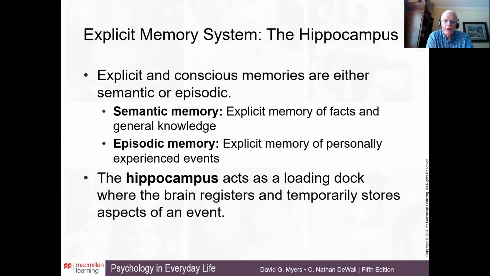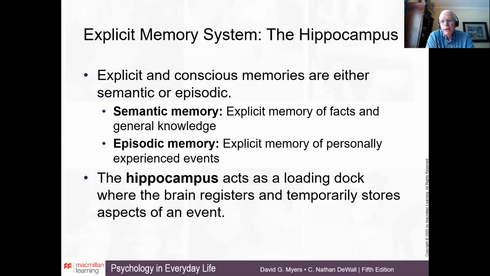Explicit memories are processed in our hippocampus. They're temporarily stored there, not permanently. The hippocampus is sometimes referred to as a loading dock for memories, where the memories just go there at first and for a little bit, and then they are processed and eventually stored in the cortex of our brain, the outer layers of our brain, mainly in the frontal lobes, but not just there.